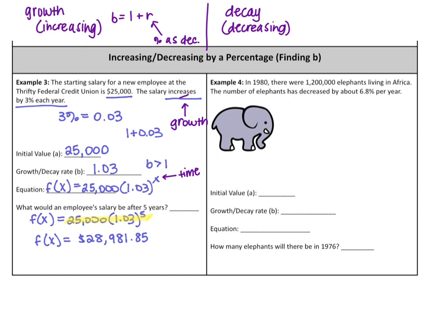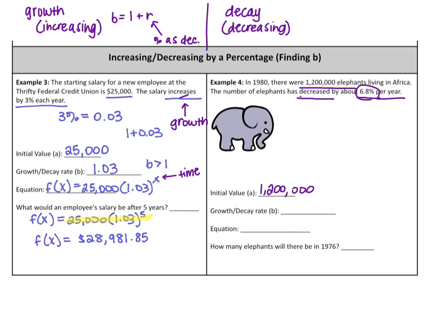Let's look at example number 4. In 1980, there were 1,200,000 elephants living in Africa. The number of elephants has decreased by about 6.8% per year. So now we are looking at decreasing by 6.8% per year, with an initial amount of 1,200,000 elephants.